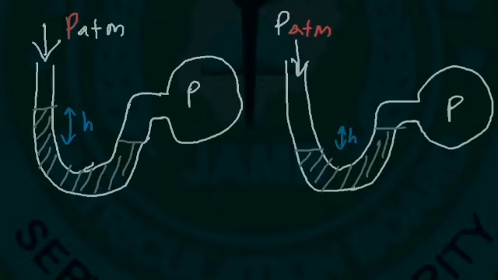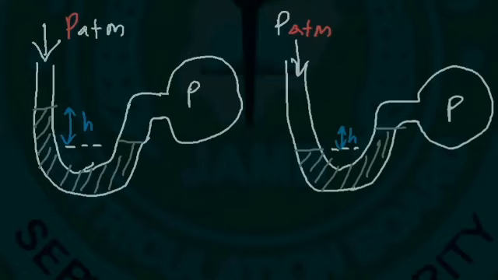So these two pressures, the pressure of the gas and the pressure of the atmosphere, are going to differ by the gauge pressure, which is ρgh. That's the gauge pressure of the mercury column. So how can we find out which equation will be which?